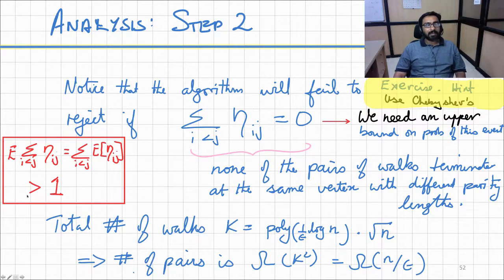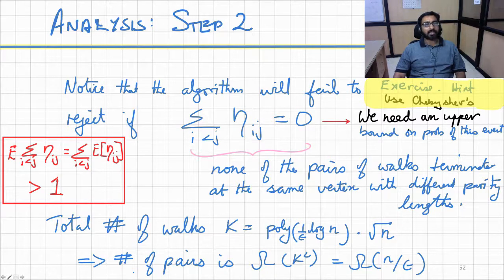But this doesn't give us enough strength, because notice that this only says that the expectation is greater than 1. What we want is to ensure that the probability with which the summation of eta ij will actually be more than 1 is large.